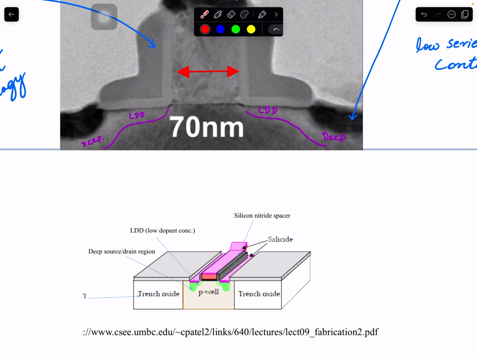Those silicides, these pinks are the silicides, and those spacers are silicon nitride spacers. The purpose is that I can't make this smaller than this in order to grow this. You see this type of low LDD area. This whole purpose was there, and also to create a little bit of overlap, which we will talk about.